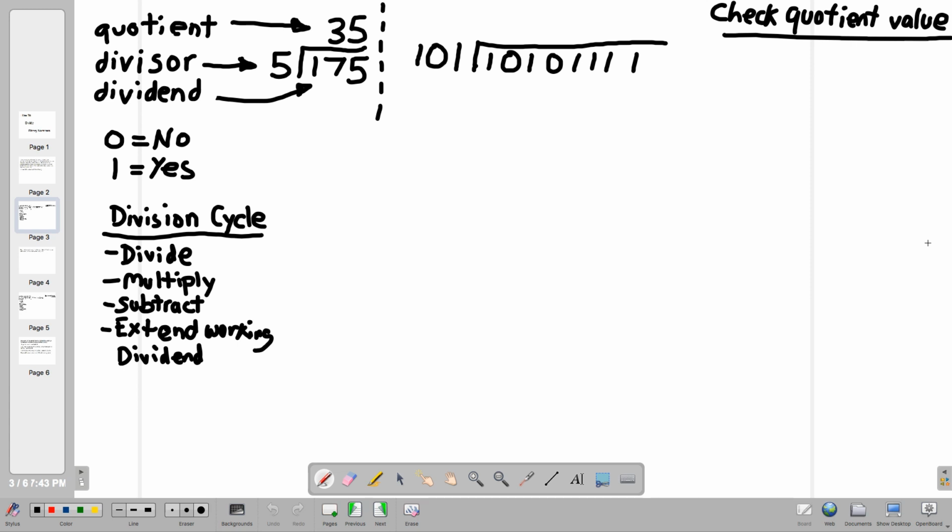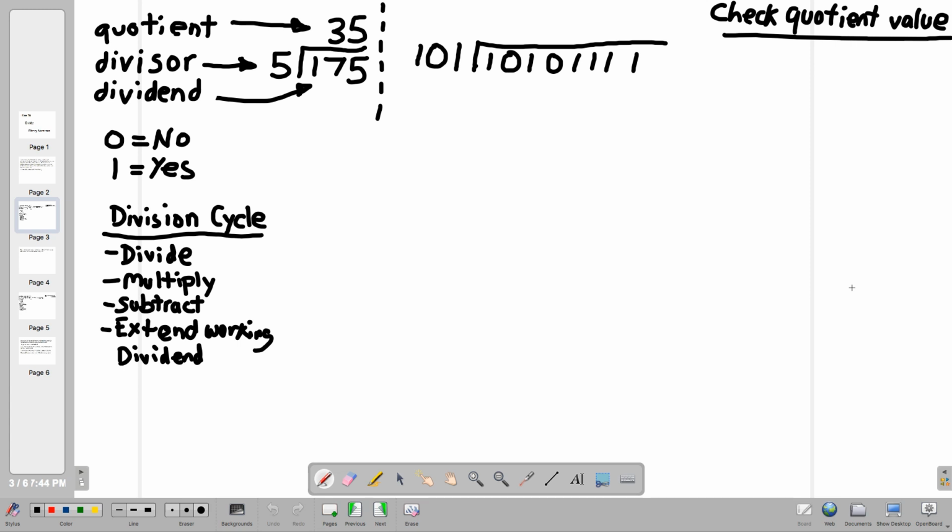So let's compute. As I look towards the left again, when we do the first part of the division cycle, when we try to divide, I'm going to ask whether 5 goes into a particular number. If that number actually goes into it, then we say yes, and we put a value of 1 towards the top.